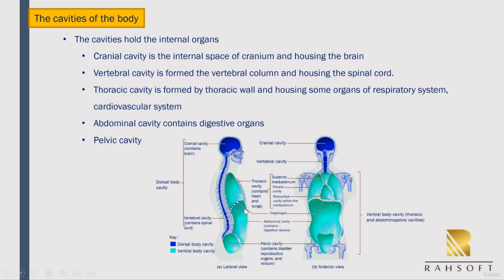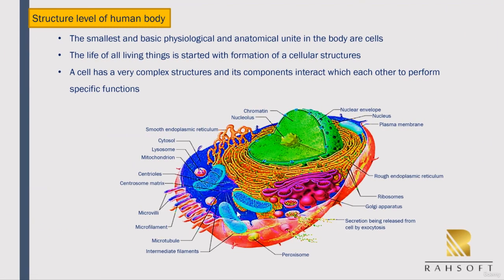And lastly, the pelvic cavity is the lowest green structure, and it contains the bladder, reproductive organs, and the rectum. You can see it here in the anterior view, while the lateral view shows it from the side.